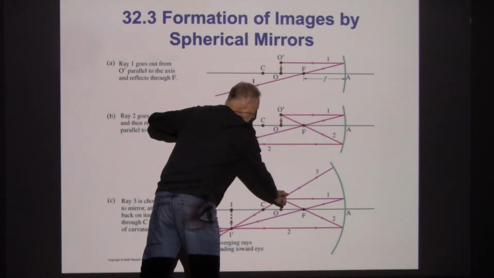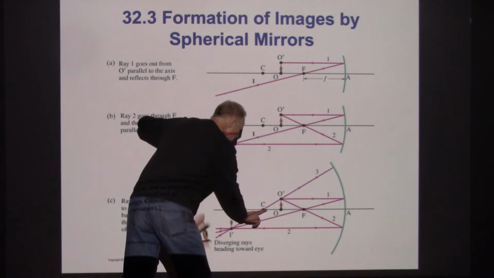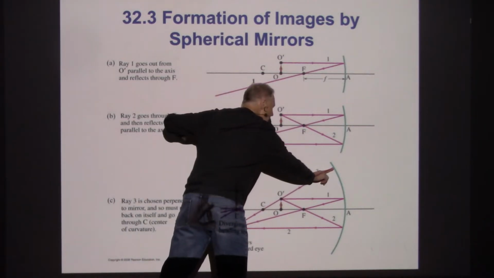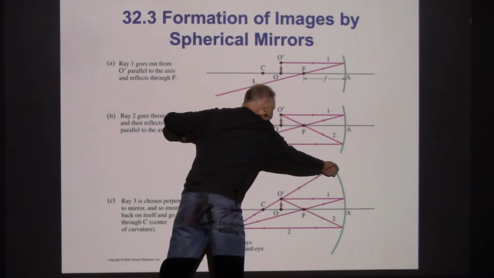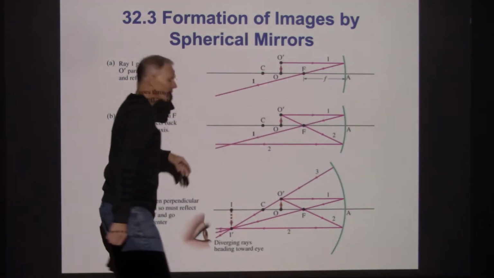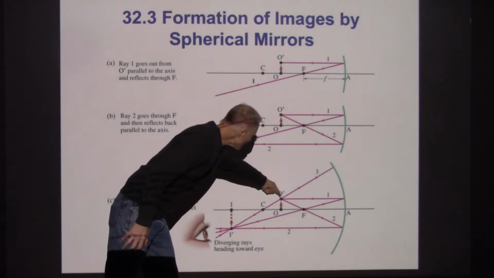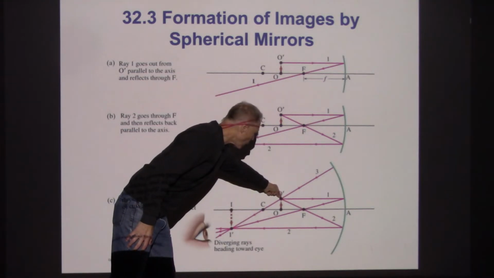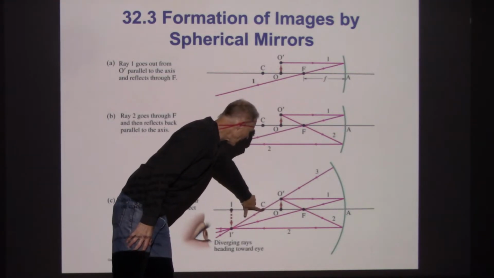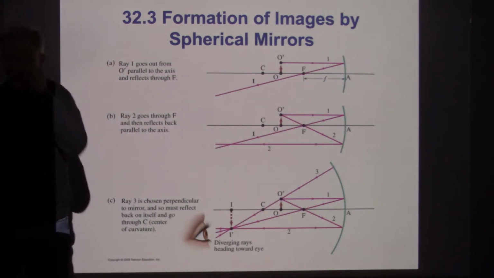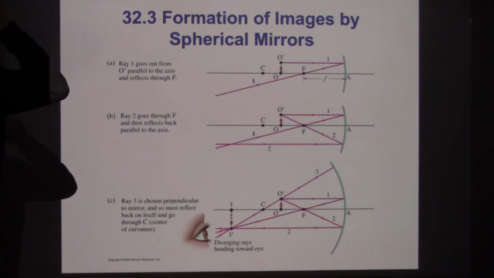So if I'm looking at light that goes through the center point, then light from the center point would hit the mirror at 0 degrees, which is kind of perpendicular, and then it's going to come straight back. Now, if I'm getting out my pencil and my ruler, that means I actually start from this point, O prime, and put the ruler so that it goes through C. Okay, because before I have to line this up with the center point. Once we do that, if we've done everything correctly, then all three lines will cross the same point. And at that point, we're getting pretty confident that we may have done something right.